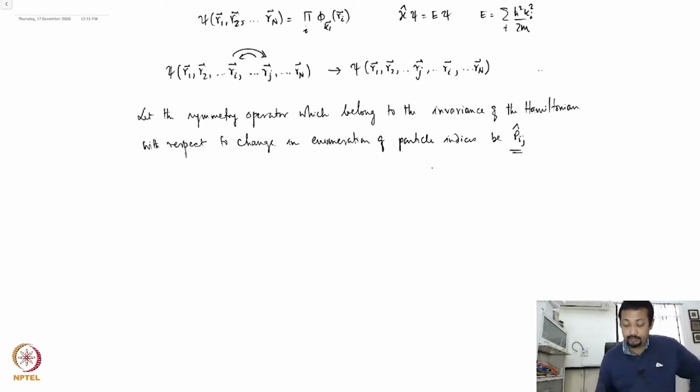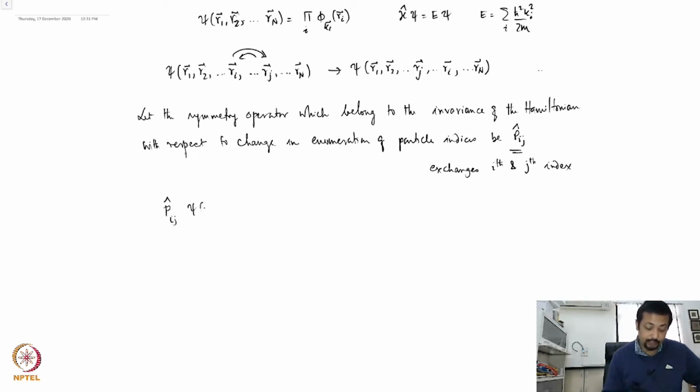So this operator exchanges ith and jth index, so that p hat ij psi of r1, ri, rj, rn is going to be psi of r1, rj, ri, rn.